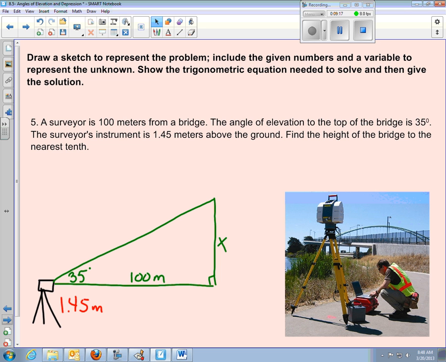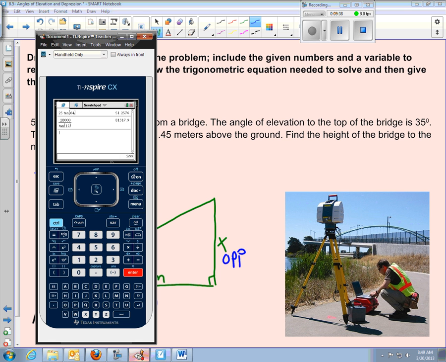All right, so are we going to use the 1.45 in this problem right now? No. We're going to use the 100 and the x right now. And 100 is our adjacent. And the x is going to be our opposite. So we're going to use tangent of 35 equals our opposite over adjacent. So let's go ahead and crunch those numbers.